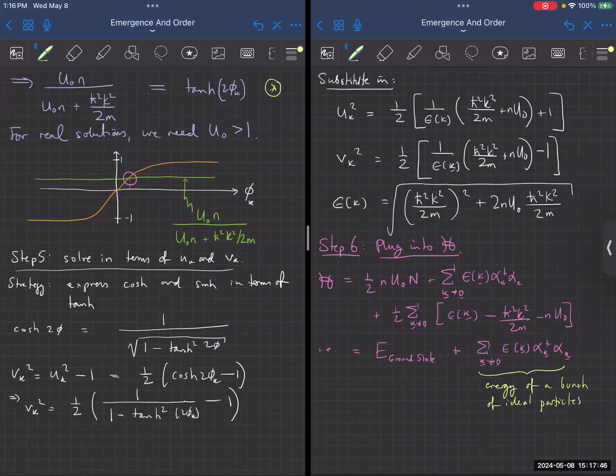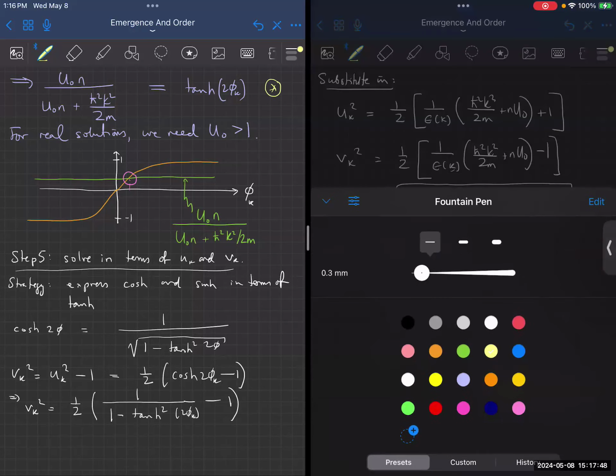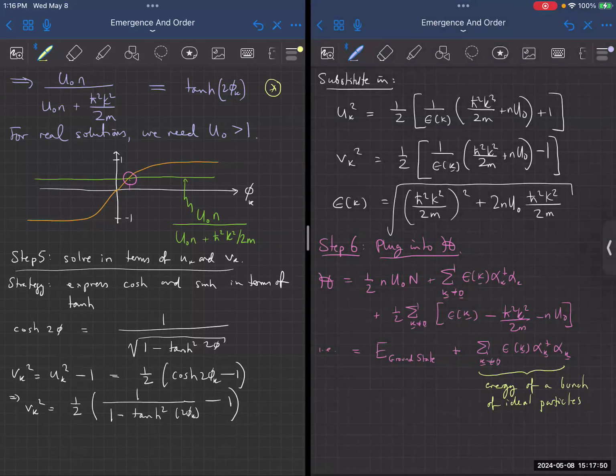This alpha_k dagger alpha_k is just the number operator for the alpha particles at wave number k. So I've got the number operator of these alpha particles times the energy of those alpha particles.